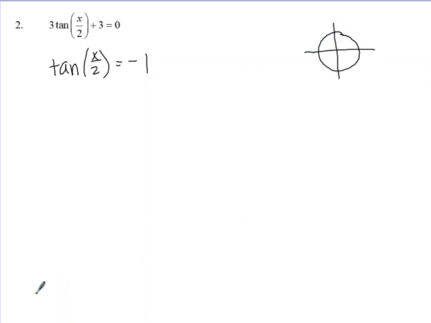So if I look at the unit circle, where does tangent equal -1? Here and here. So I have x over 2 equals 3 pi over 4, and x over 2 equals 7 pi over 4. Then I need to multiply by 2.